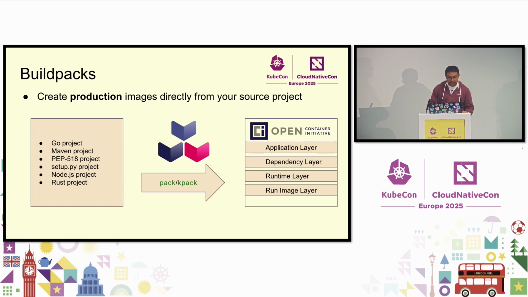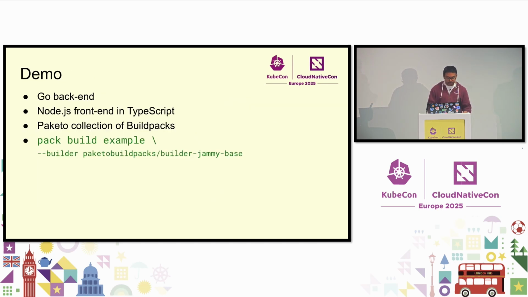Let's see three very quick examples to give you a brief idea of what Cloud Native Buildpacks can do for you. Let's start with a monorepo application. We have a backend written in Go and a Node.js front end in TypeScript.